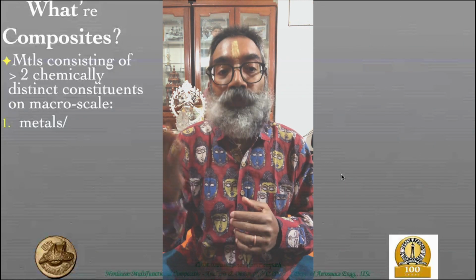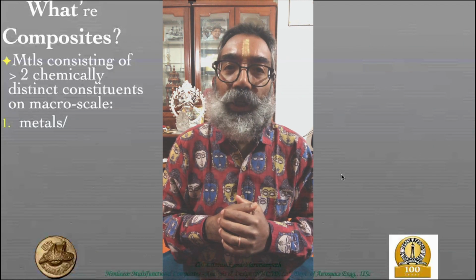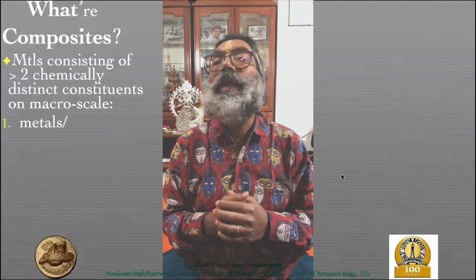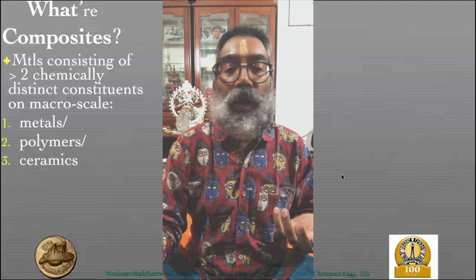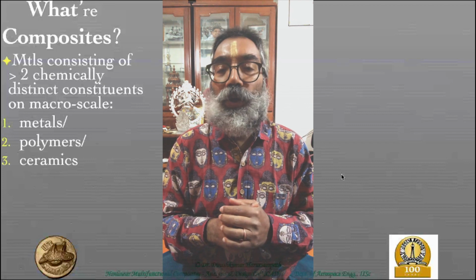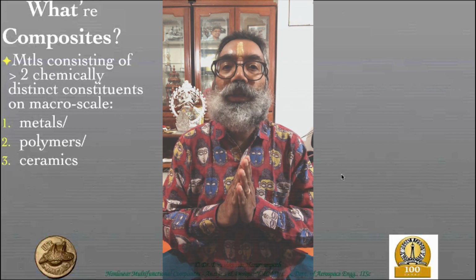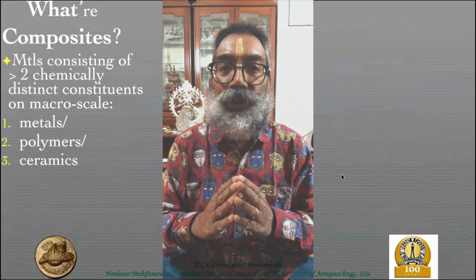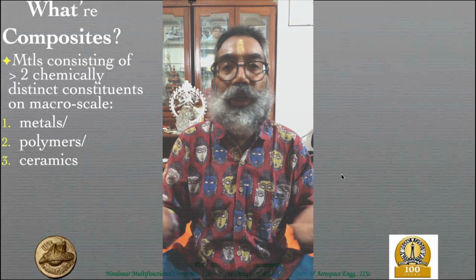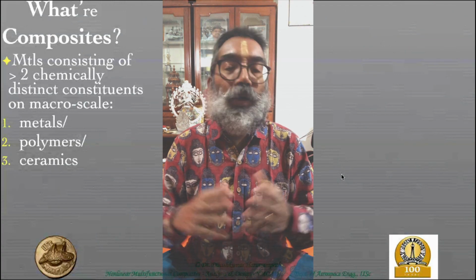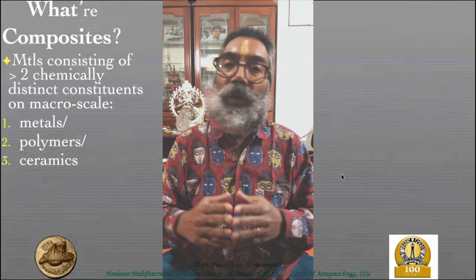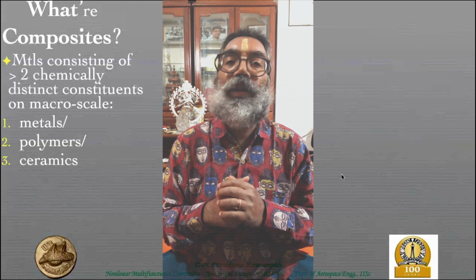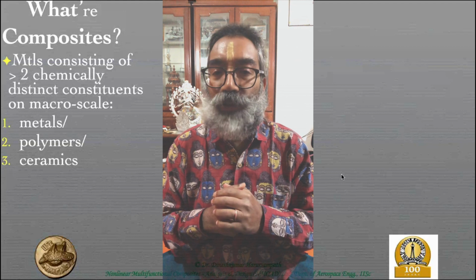Now, in addition, those constituents that you have, whether it is the fiber or the matrix, can come from one of these three categories, that is metals, polymers or ceramics. So if you look at structural materials in general, whether it is for flight vehicle application or for any civilian application like bridges, houses, buildings, etc., or automobiles, any structural material can be classified into these four categories.